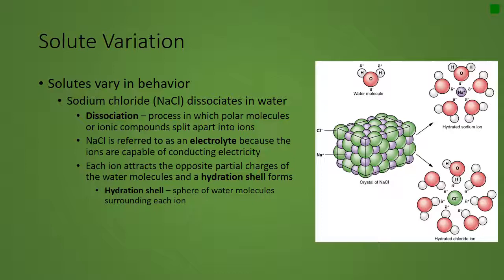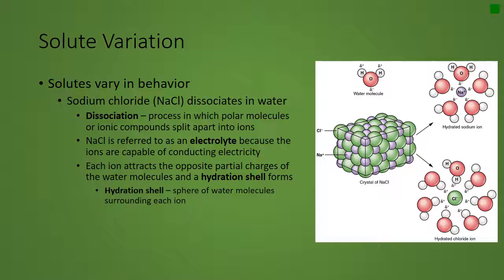And they are both surrounded by water molecules. So you have these charged ions isolated from one another by the water molecules, by the solvent. And they are isolated charged particles. Consequently, we say that sodium chloride is an electrolyte because when it is dissolved in water, those ions are capable of conducting electricity.